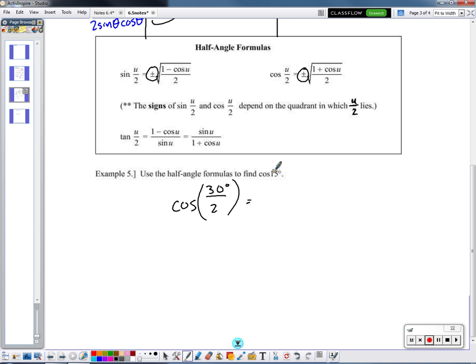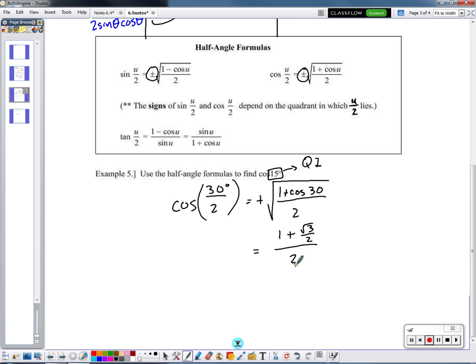So I'm going to make sure that in the first quadrant cosine is positive. So I know it's going to be a positive square root of 1 plus the cosine of 30 degrees all over 2. So cosine of 30 is equal to root 3 over 2, all over 2. What I might do in simplifying this process, I want to add 2 numbers.